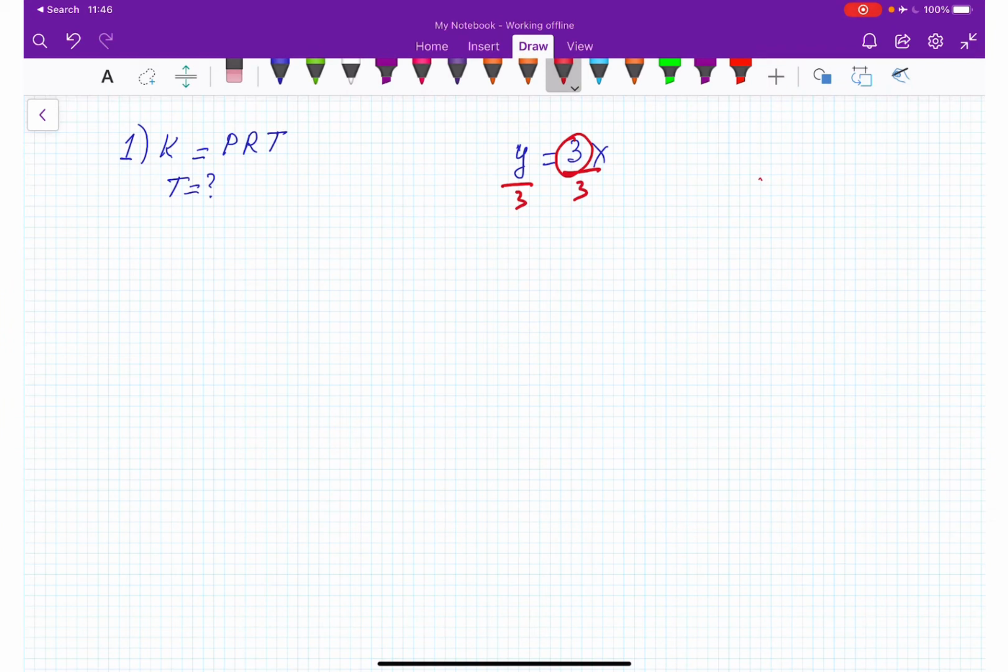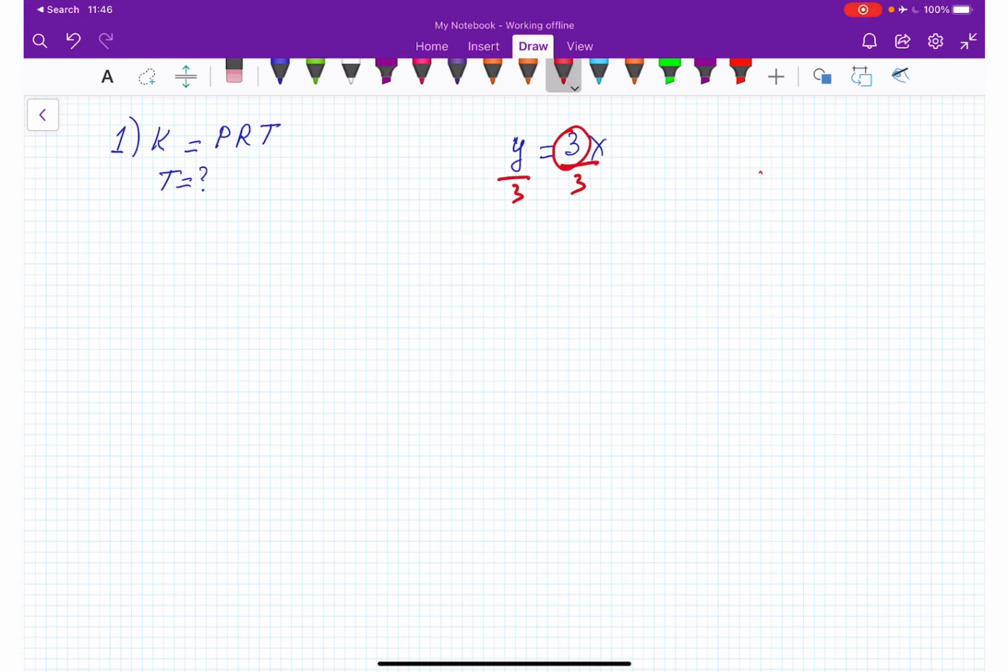Now, if we need to find T from PRT, if T is going to be my variable, that means PR is going to be the coefficient, yes? So to find T, what am I going to do?